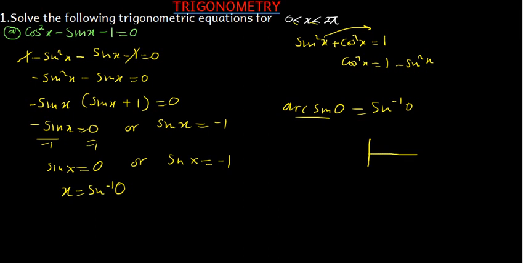If we talk of 0 degrees for sine, the sine curve starts at 0, it goes up, it comes down, and then it comes there. Where it is cutting here, this is 2 pi, that is 360, and this is pi, which is 180, and also at 0. So where sine is 0 is at 0 radians, pi radians, and 2 pi radians. And so this is giving us x to be equal to 0, pi, and also 2 pi.